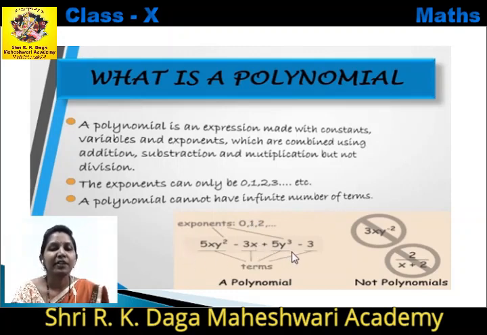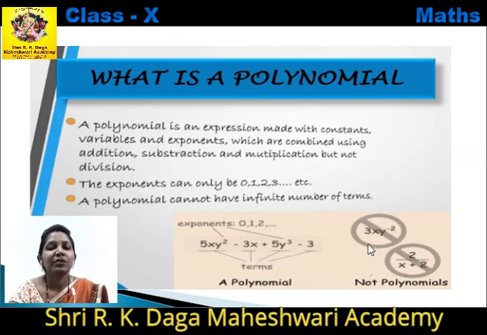In this example, you can see this is a polynomial where variables are x and y, and this exponent, that is the power of the variable, is called its exponent, and these are called terms, which are separated by mathematical operations like minus, plus, minus.